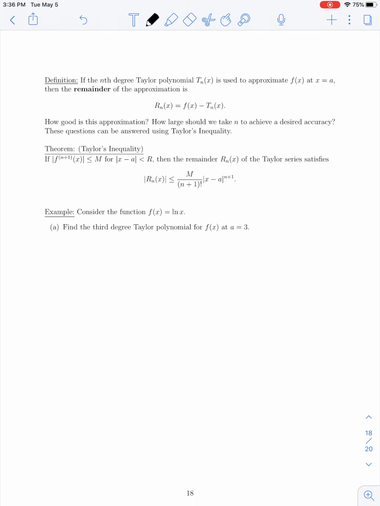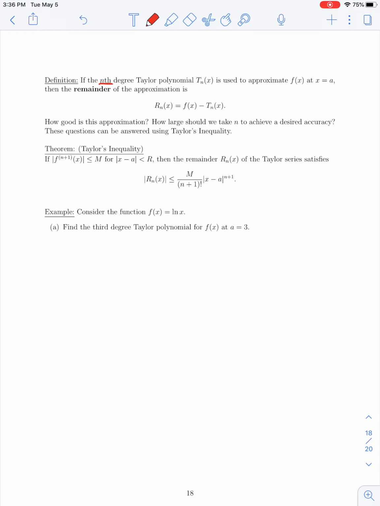So let's look at how accurate a Taylor polynomial approximation of a function might be. Anytime that we're using an approximation of something, we of course want to ask how good our approximation is, or what is the error in our approximation. To answer that question, we're going to define a remainder for a Taylor polynomial approximation of a function.